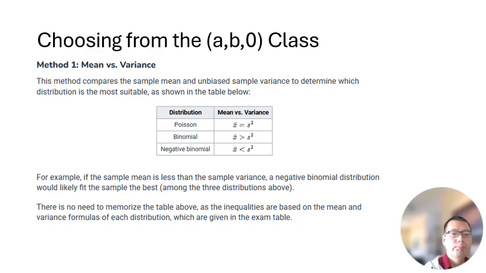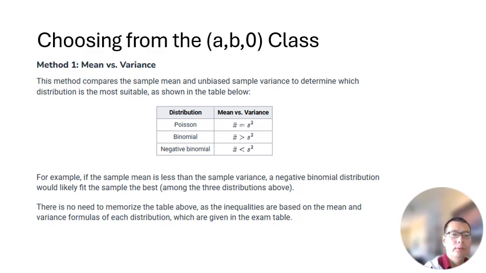For binomial, mean is greater than variance, and for negative binomial, mean is less than variance. So for example, if the sample mean is less than the sample variance, a negative binomial distribution would likely fit the sample the best among the three distributions above.